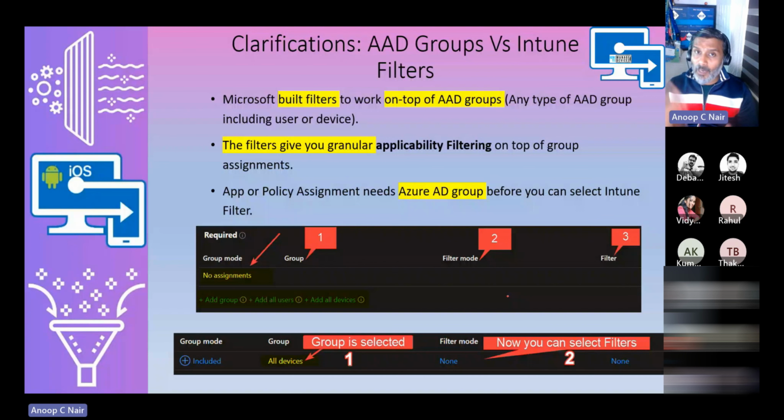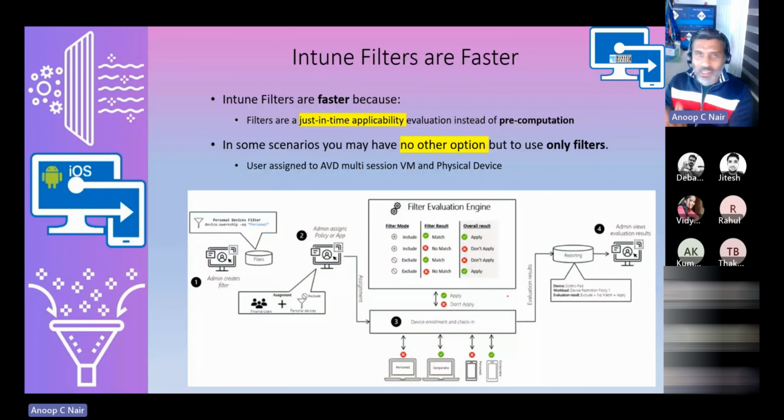Then you don't want the BitLocker policy to encrypt VDI hard disks. That is not needed basically. We can use assignment filters, device filters, for that to find out which are the VDI or virtual devices and exclude virtual devices.